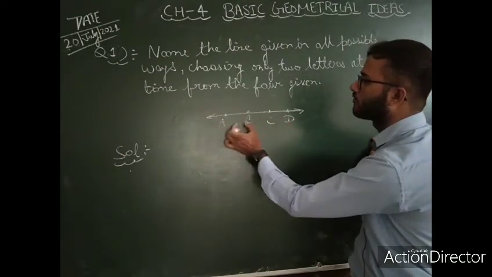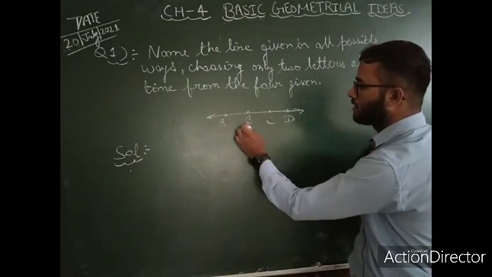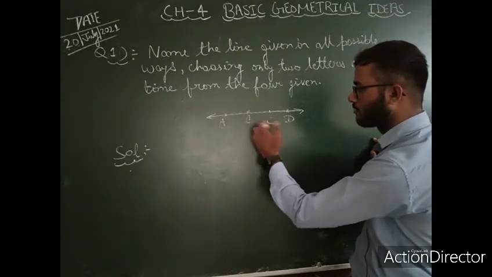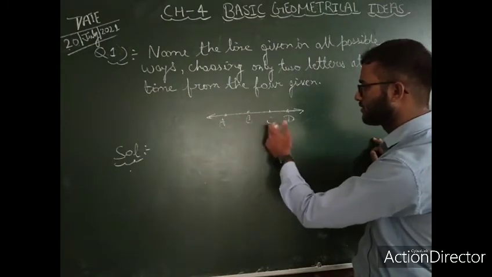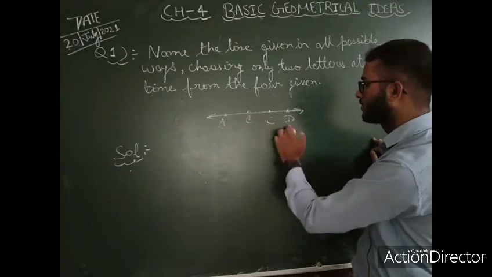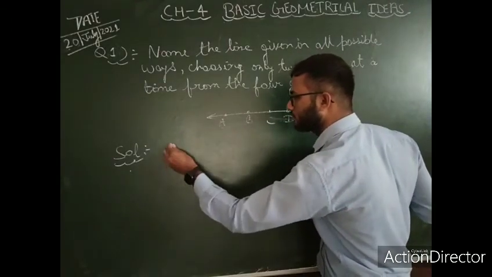Here we make a pair with A and the other points. Then B: BA, BC, BD. Then C: CA, CB, CD, and lastly D: DA, DB, DC.